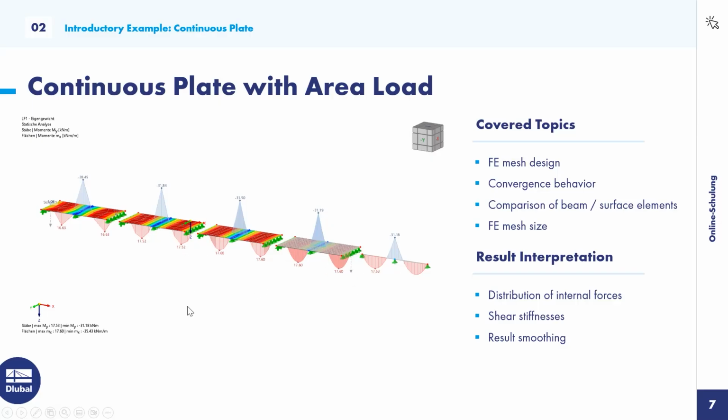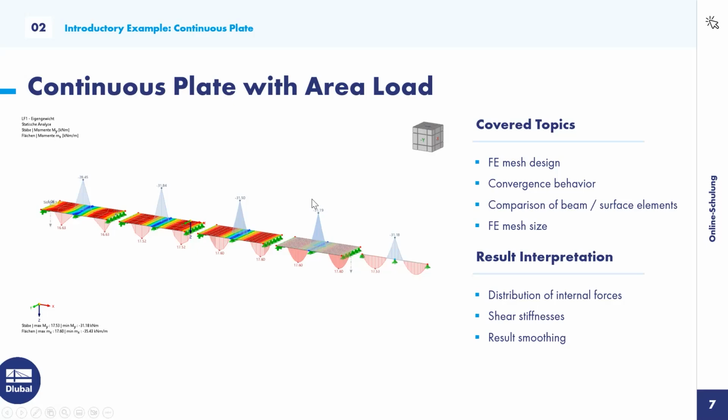We will also investigate the impact of the size of the finite elements on the results. And for a good comparison, we will also compare directly to a beam element, which you would also simply be able to calculate with, for example, the Schneider Bautabellen.